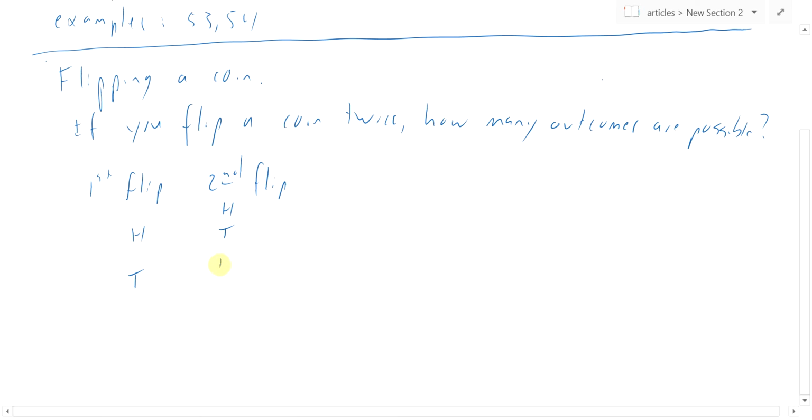Or if you got tails on the first one, you could get heads or tails on the second. So there's actually 4 outcomes here. You could get head and then head, head and then tail, tail and then head, tail and then tail. Those are the 4 possible outcomes of flipping a coin twice.